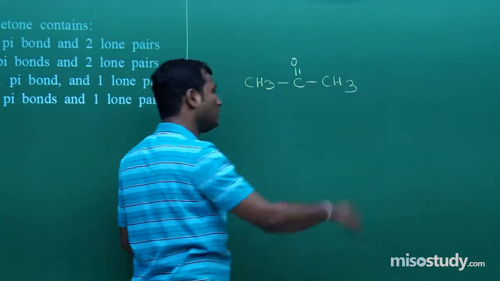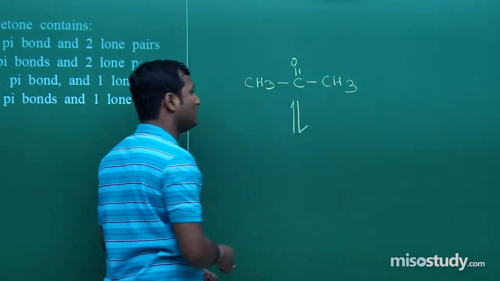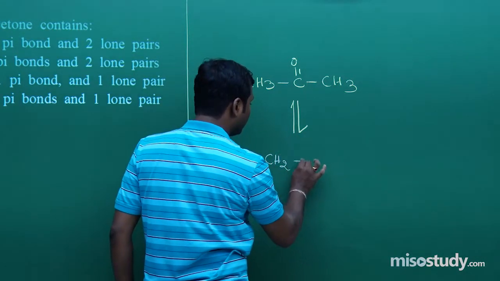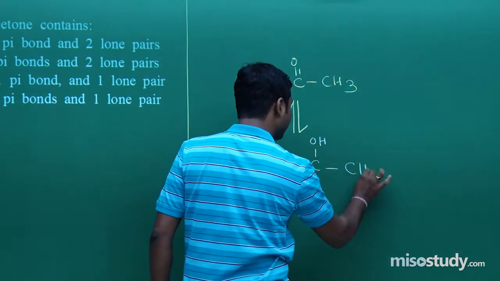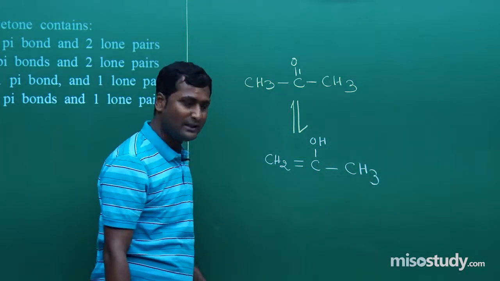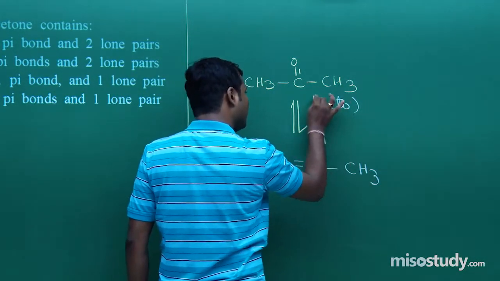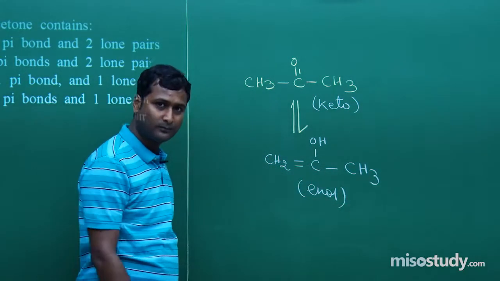This one is ketone. And the enol form, we all know these are in a dynamic equilibrium, is CH2 double bond C OH, then CH3. This one is the keto form and this one is the enol form.